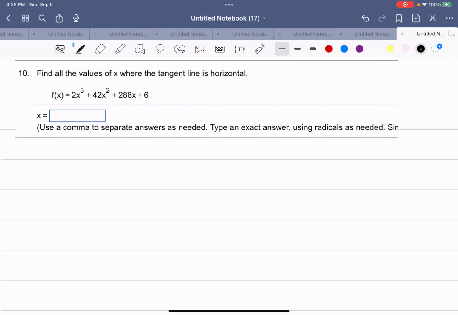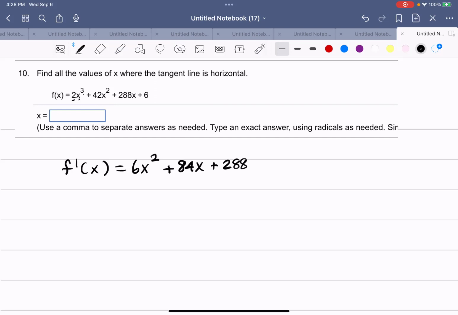So I'm going to take the derivative first. F prime of x equals 6x to the second, that is the power times the coefficient, and the exponent reduced by 1. Same thing here, 84x, and then same thing here, 288.